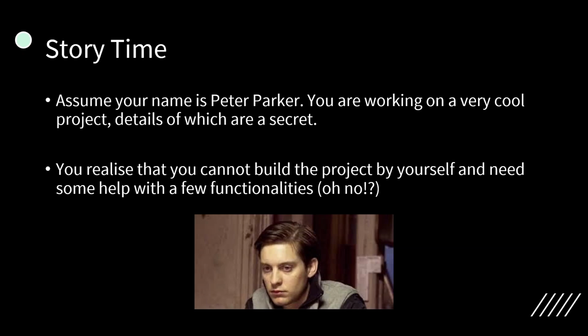You realize that you need to implement something in your code, but you cannot implement it. However, there are ready libraries available which you can pip install and use for support. An example of these would be machine learning libraries, deep learning libraries, and so on.